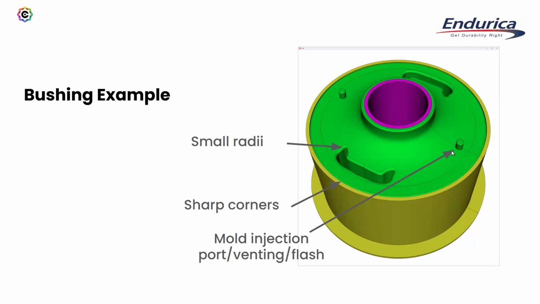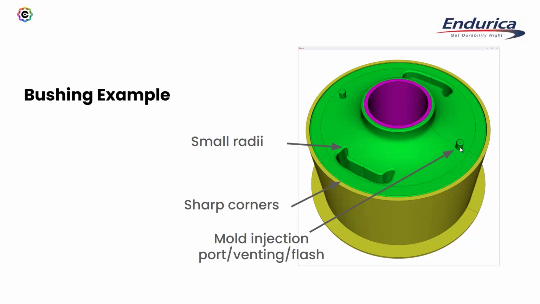And then finally, we've also got this injection port, where the rubber squirts in while it's still in its liquid phase before it's vulcanized. And after they pop it out of the mold, there's usually these little nubs on the part. Sometimes they trim them off, sometimes they leave them. But here we've gone ahead and included that.